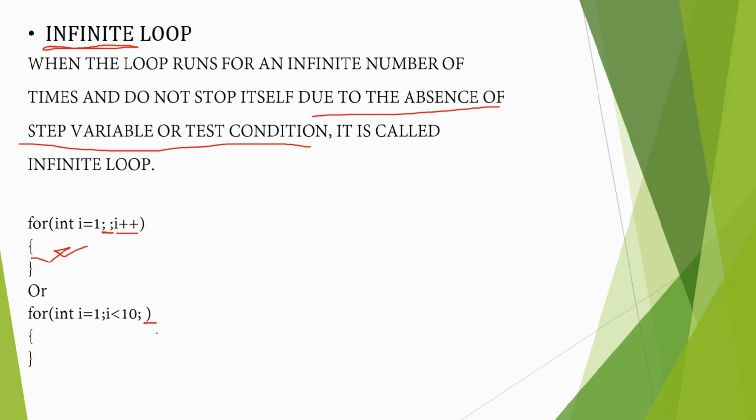Now what will happen? The value of I will not be increased or decreased, and it will never reach 10, the value of I will remain 1 for an infinite number of times. Now these are the two results on loop, that is for loop.